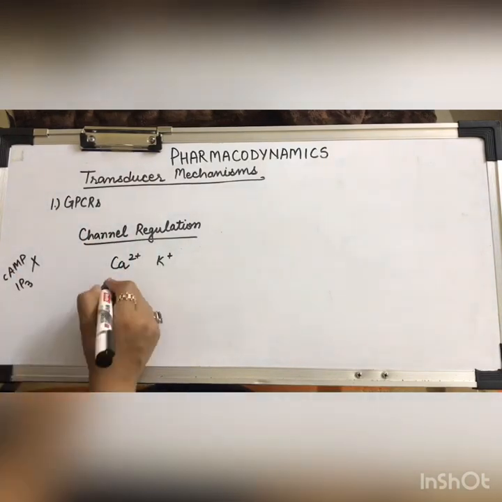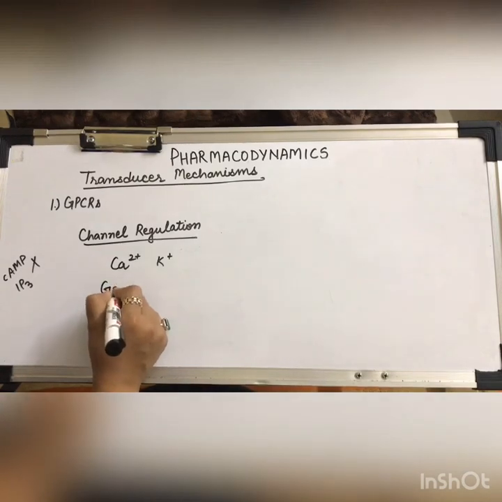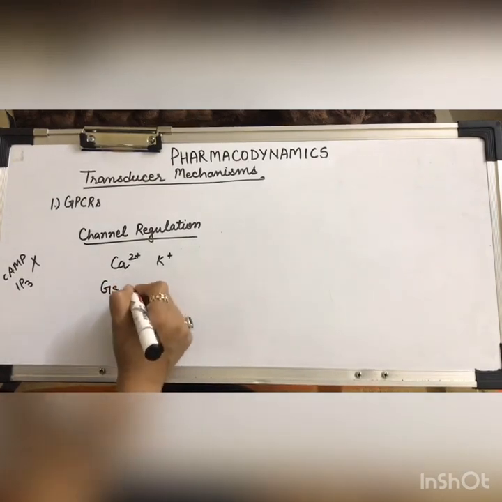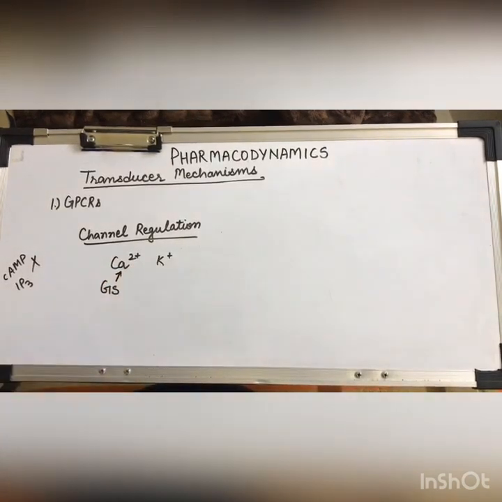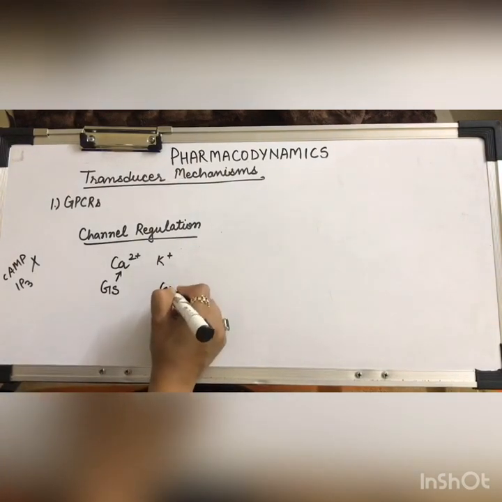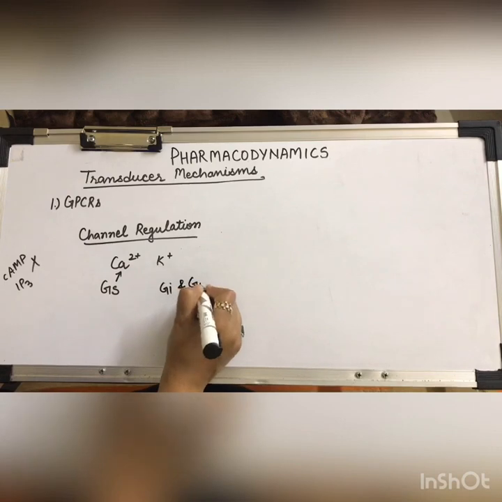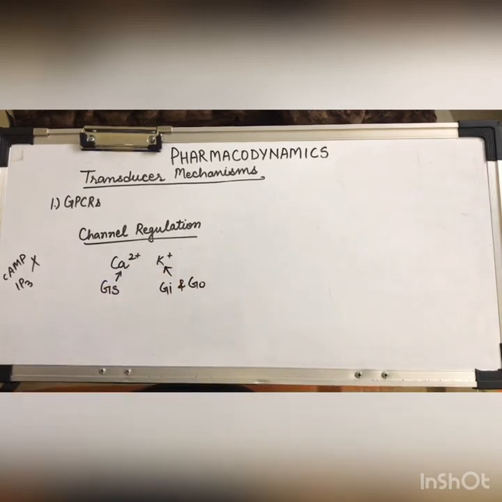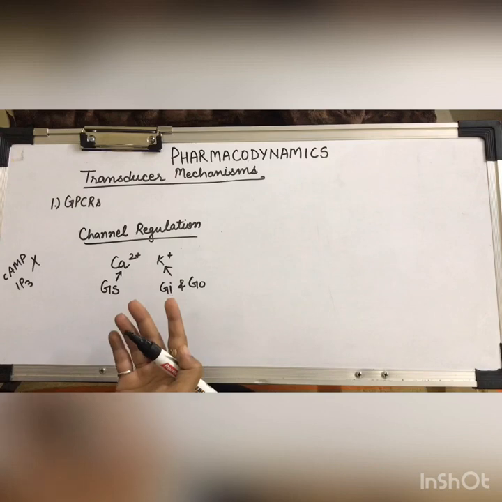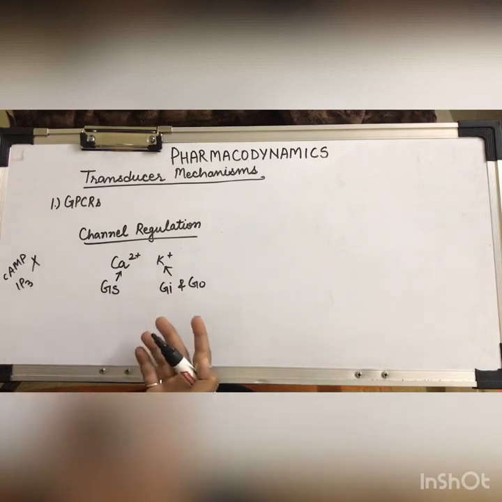For example, the GS proteins act on the calcium channels. They open the calcium channels, whereas GI and GO proteins open the potassium channels. So they can bring about depolarization, repolarization, or hyperpolarization of the cell.